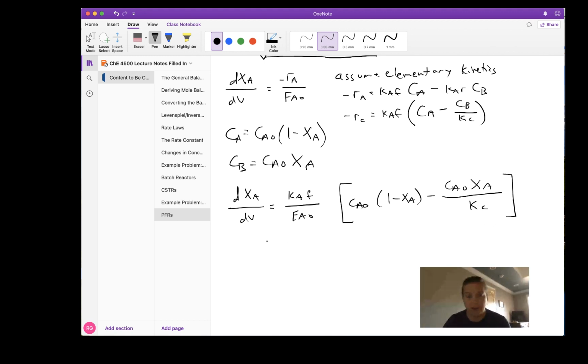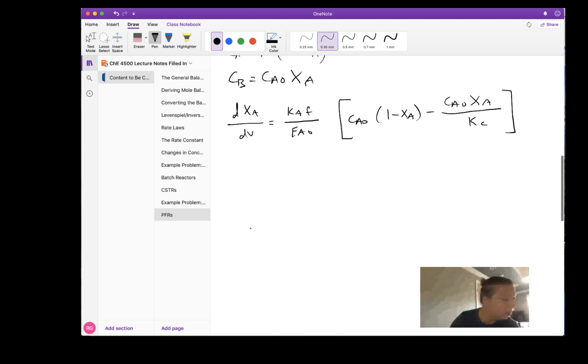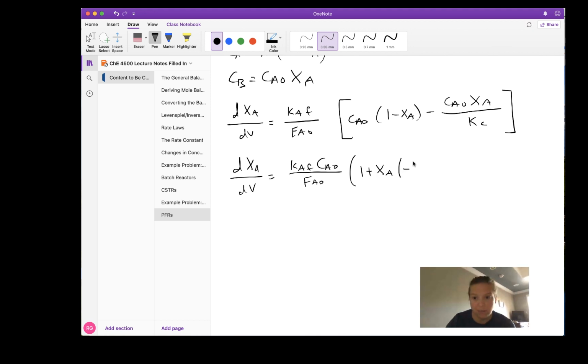I'm going to simplify this a little bit further to get, actually, let's say 1 plus X_A, and I'll say minus 1 divided by K_C. And you'll see why I've set it up that way in just a second.